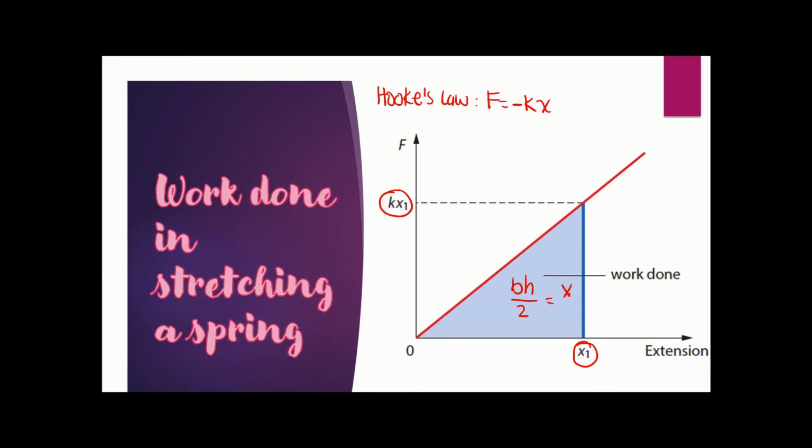The height is kx1, and divided by 2. If we simplify, we're going to have the constant and the displacement squared over 2. And this formula, we saw it in the elastic potential energy.